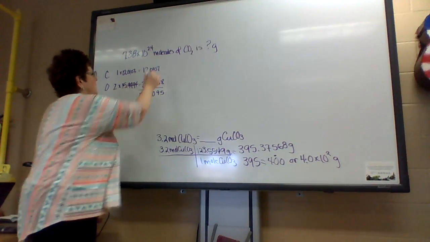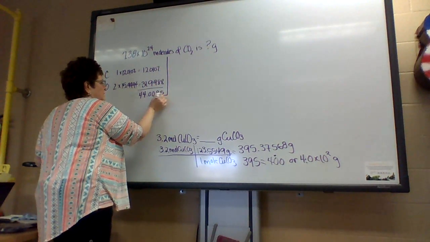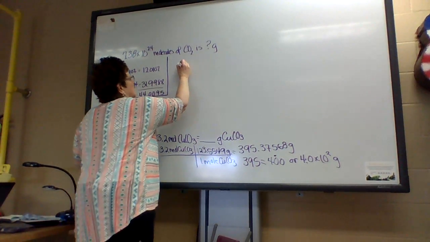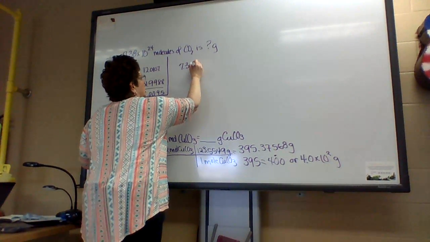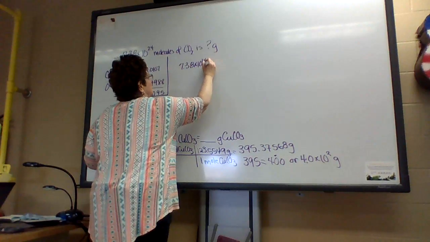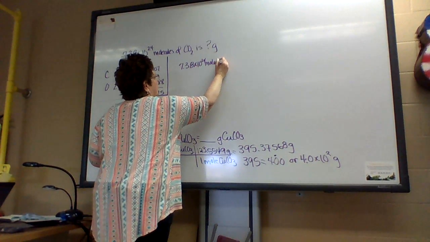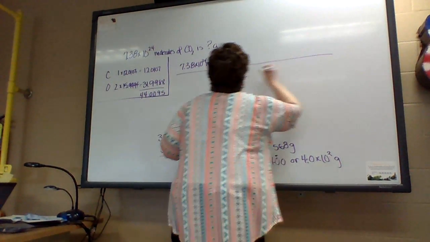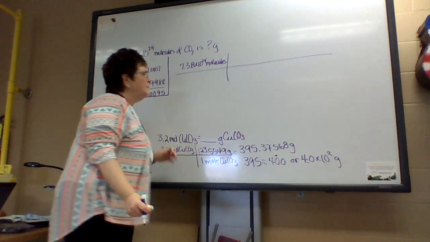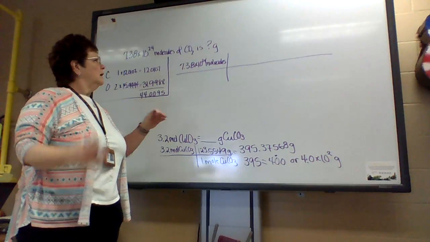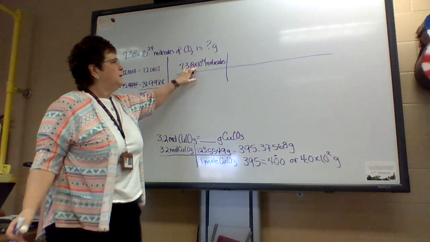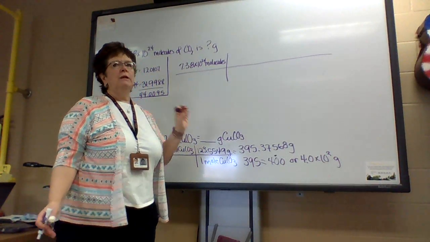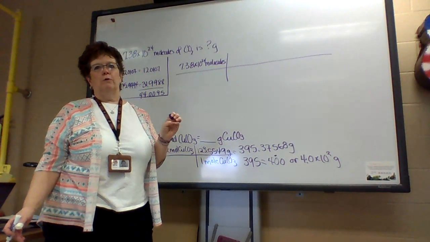So I have this information, which is going to be important when I want to do my dimensional analysis. 7.38 times 10 to the 24th molecules was what was given. Using dimensional analysis, let's think about it: if I have molecules up here, what must my label be down here? Molecules. So what number do you know that goes with molecules?